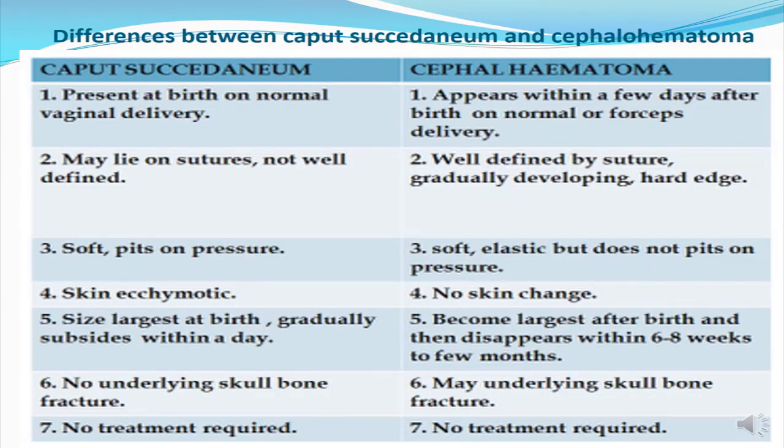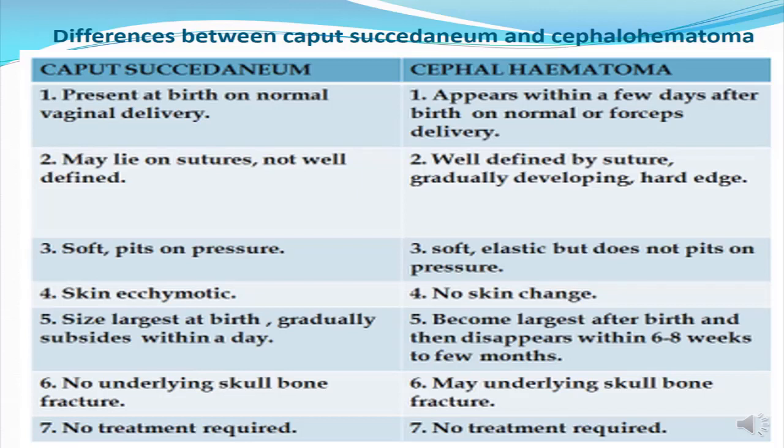This table will show the difference between caput succedaneum and cephalhematoma. You could see that the presentation is different. Whether it is limited to suture lines or not is different, and the consistency of the swelling is also different, the presence of ecchymosis or not, the size at birth, whether it is present at birth or not, and for how long it persists.